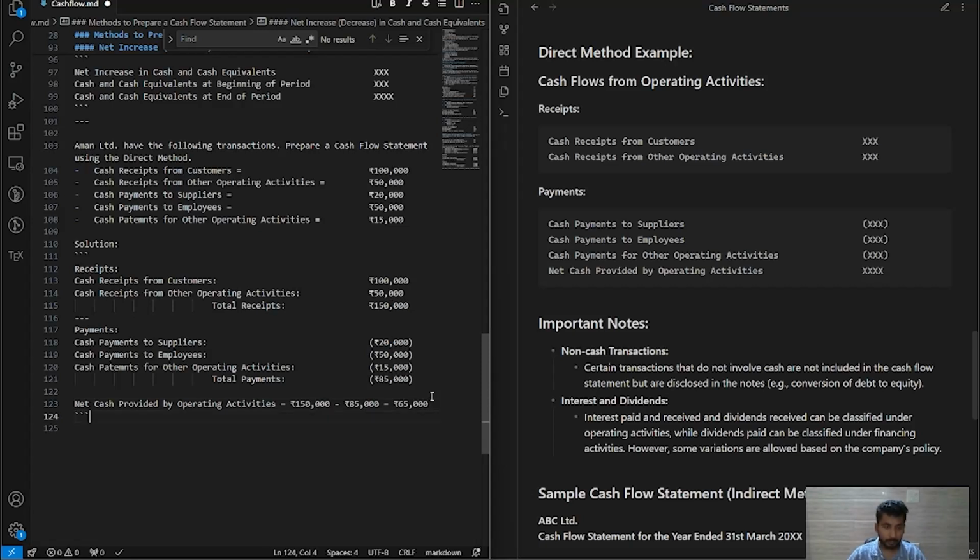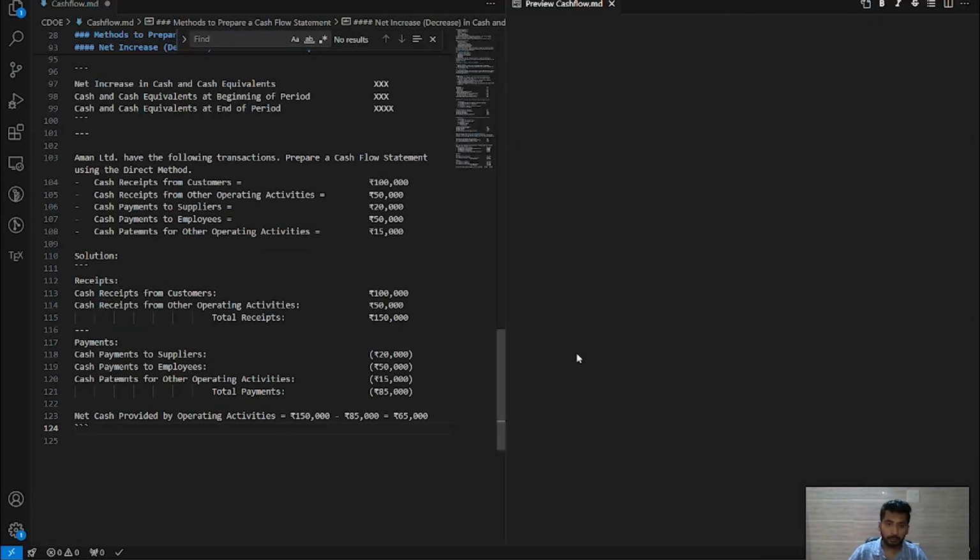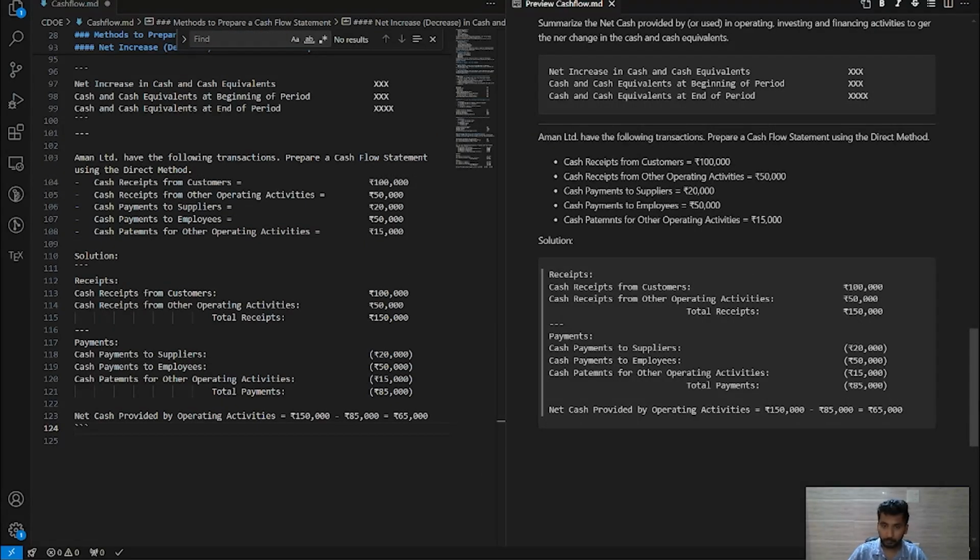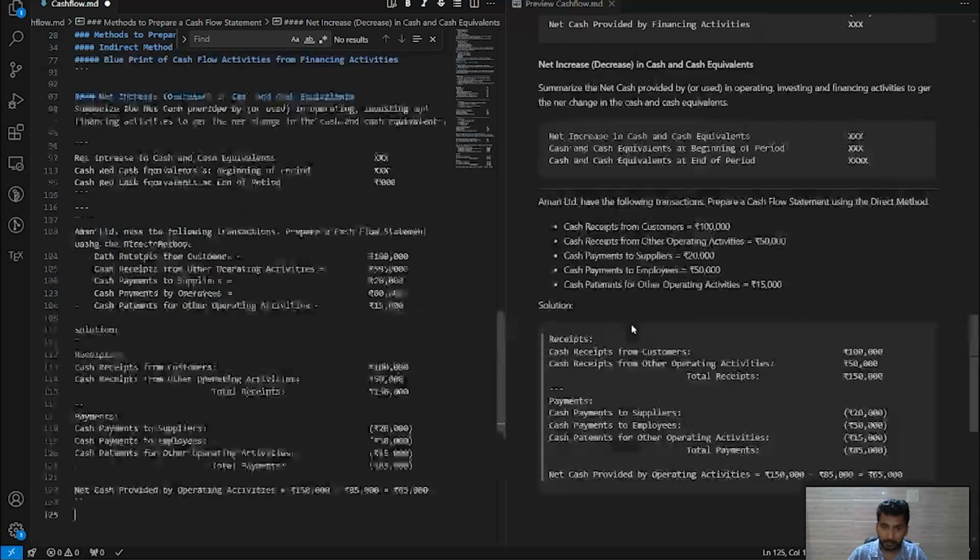So this is how the solution will look. First, we'll talk about the receipts. Then we'll talk about the payments. And the net cash flow will be like this.